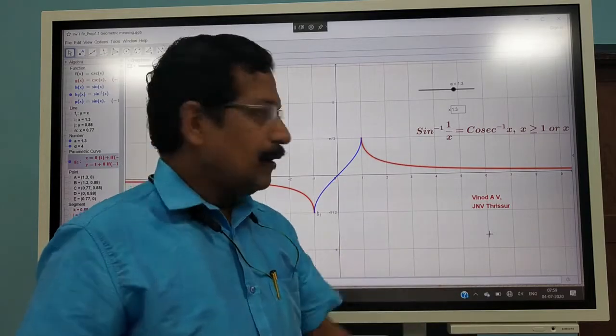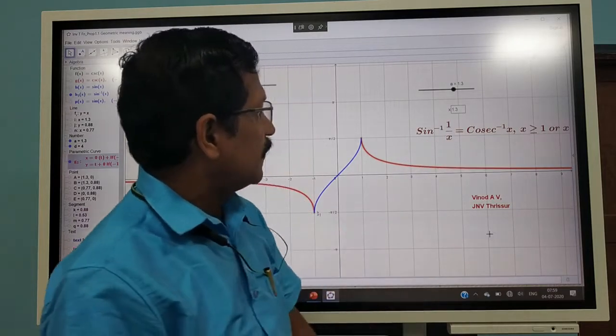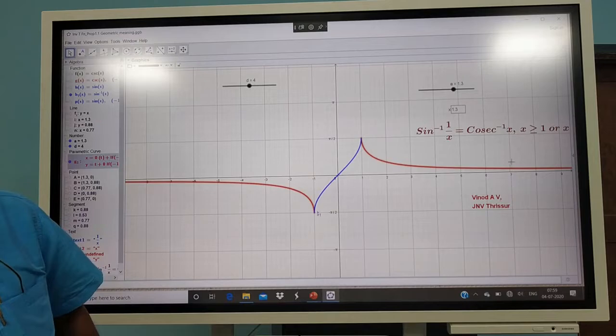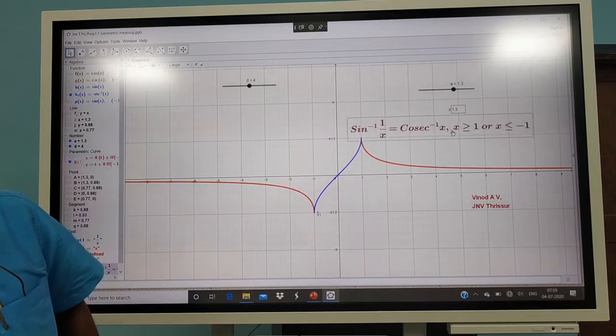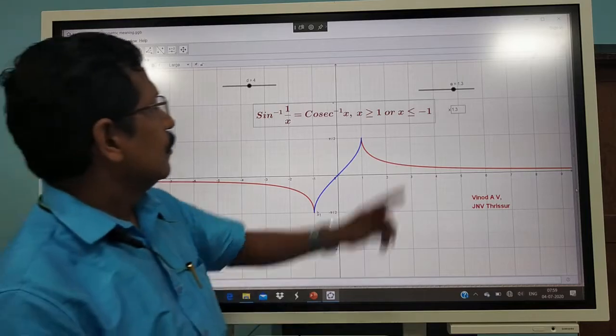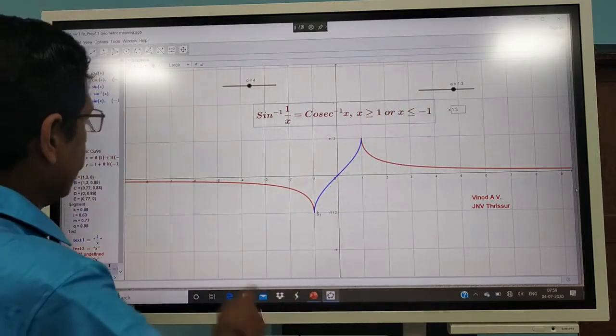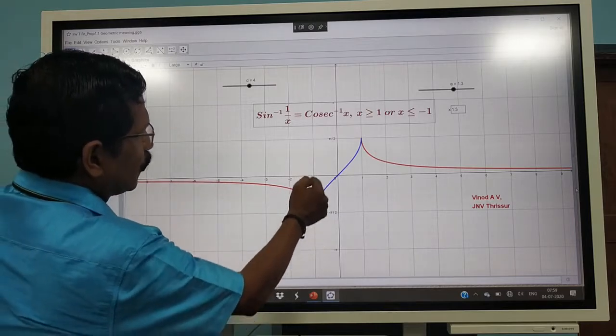Now our result is cosec inverse x is equal to sine inverse 1 by x, where x is greater than or equal to 1, or x is less than or equal to minus 1. It is clear here, the domain. This is the domain of cosec inverse.